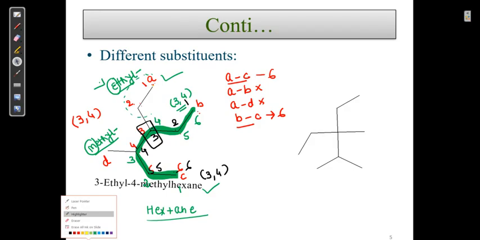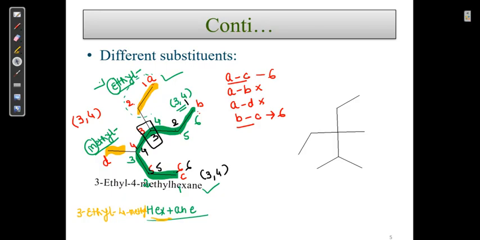Change the color. Yes, this thing and also these things. So in that case, we have to keep 3-ethyl and 4-methyl. So this has two students, one is ethyl and the other is methyl. In this way we have to write.